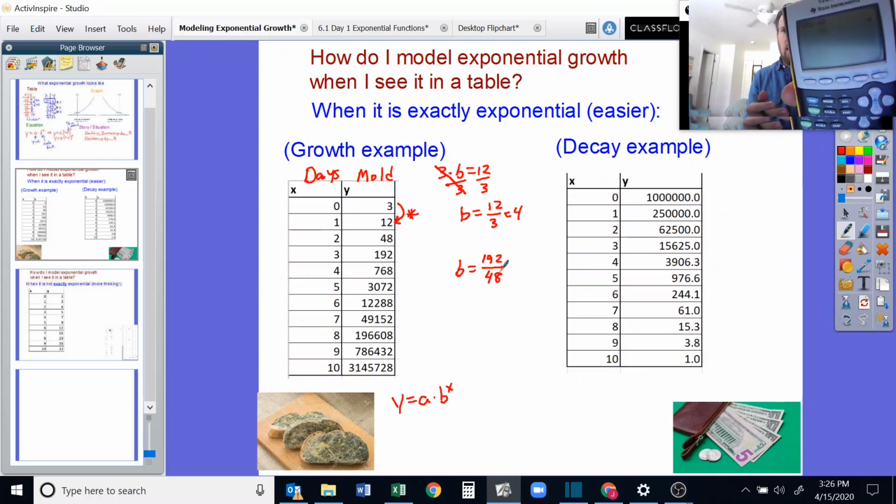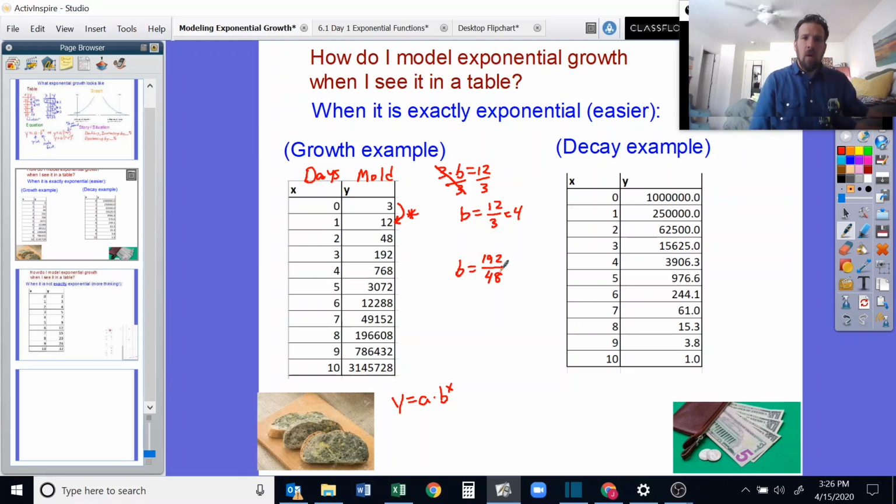I still get that same scale factor of 4. And so what we can see by this is the way that we can get this b in any exponential growth situation that's given to us in a table of data, as long as the entries are for every single day, right?